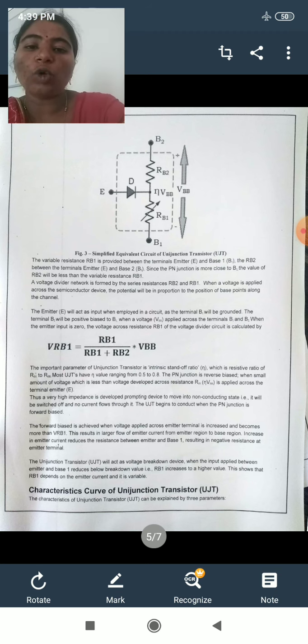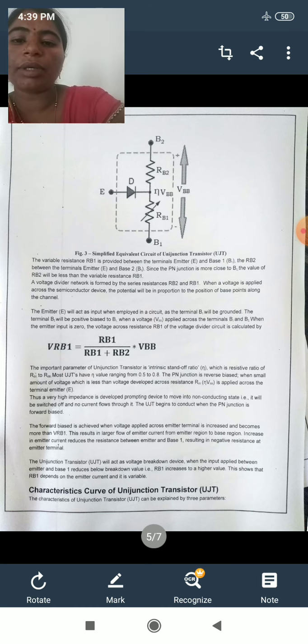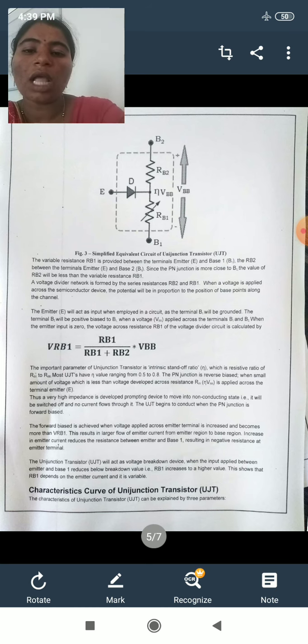Now see how this middle terminal resistor voltage is calculated. Here the voltage divider rule is applied, and we get the voltage VRB1, which is the ground side resistor, that is RB1, divided by the total resistance, that is base 1 side resistance and base 2 side resistance, the addition of both, RB1 plus RB2, into the applied voltage VBB.